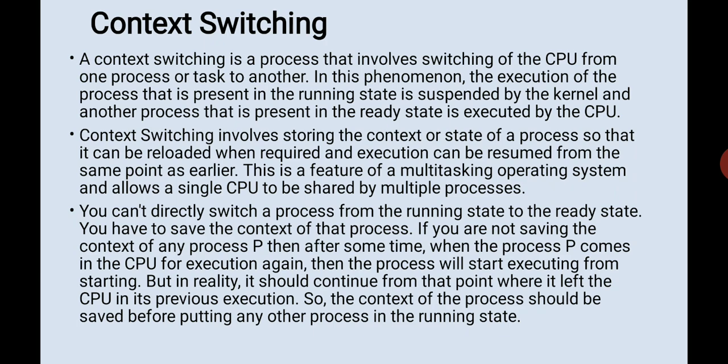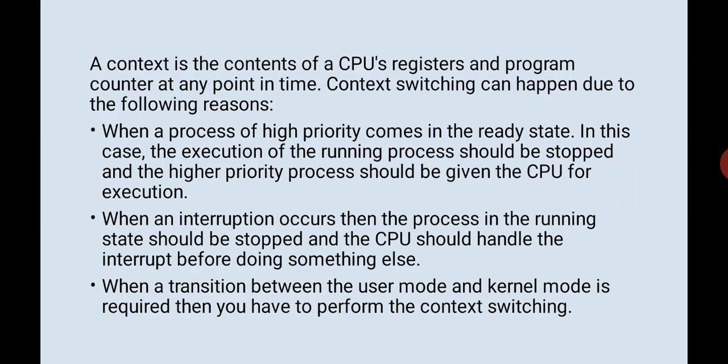In reality, it should continue from the point where you left it, not start from the beginning. So the context of the process should be saved, and that is really very important. A context is the contents of a CPU's registers and program counter at any point in time.